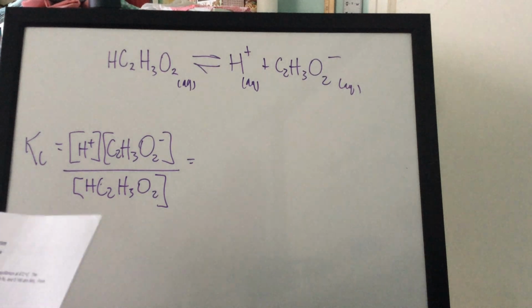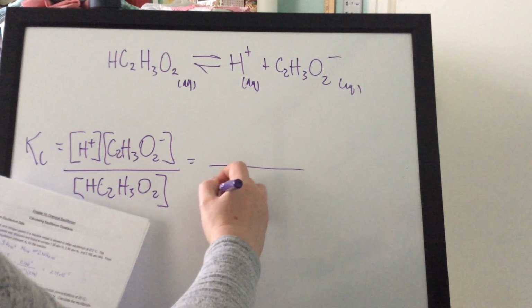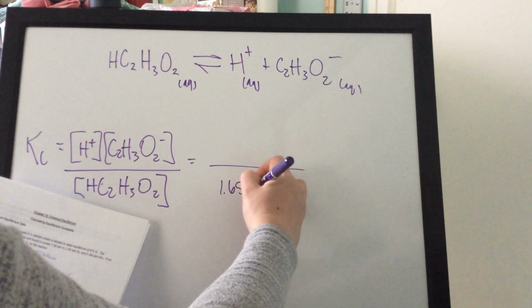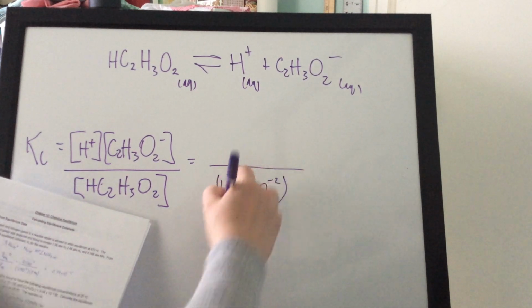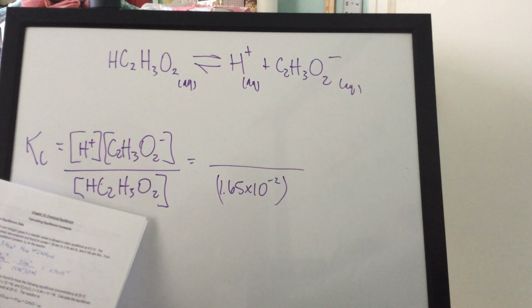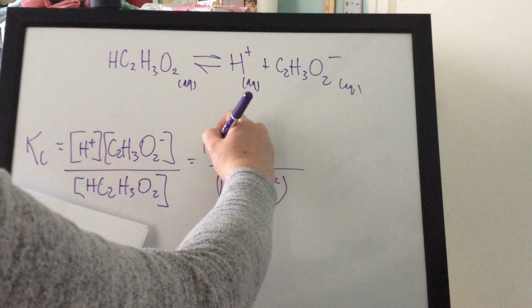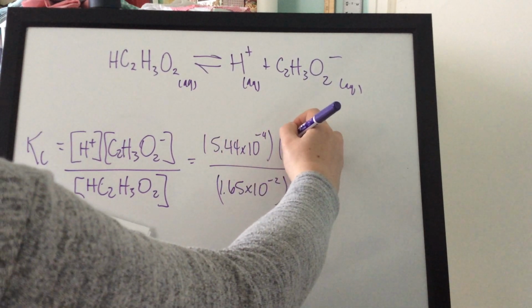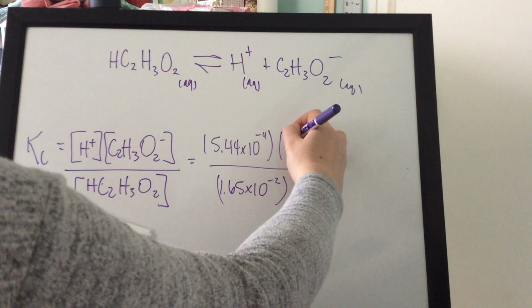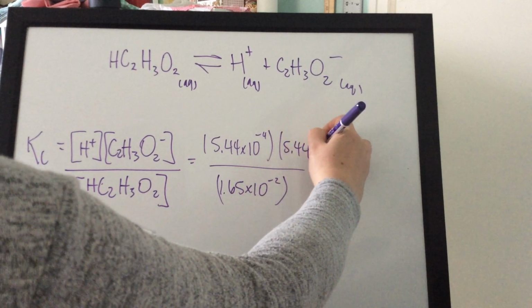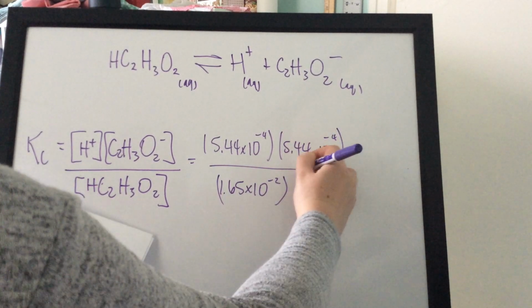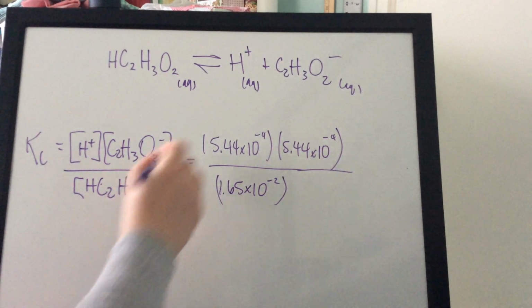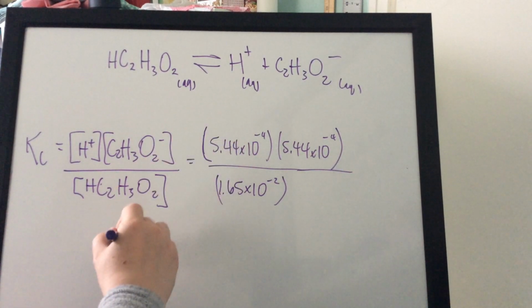Okay, so they tell me that the acetic acid is 1.65 times 10 to the negative 2, and they tell me that both the H plus and the acetate have the same concentration. And again, that's not a 1, sorry.